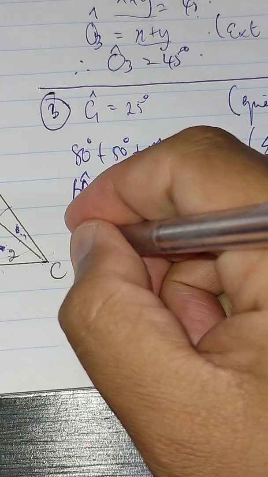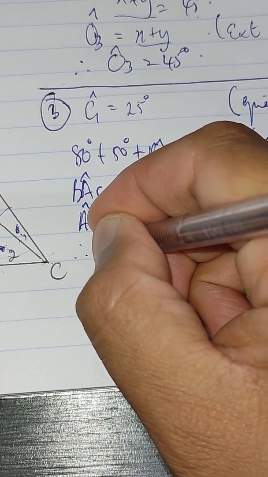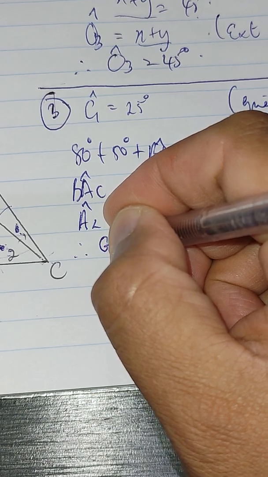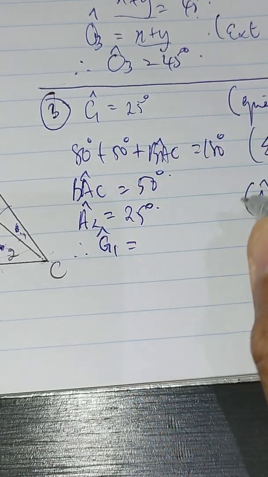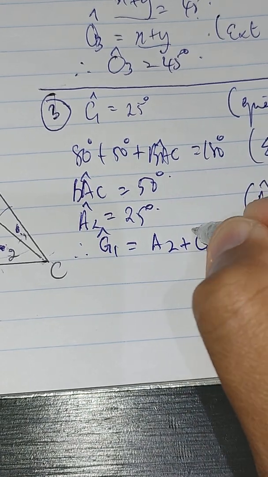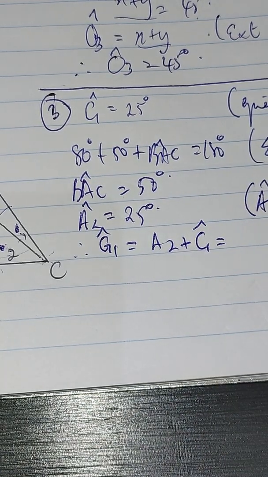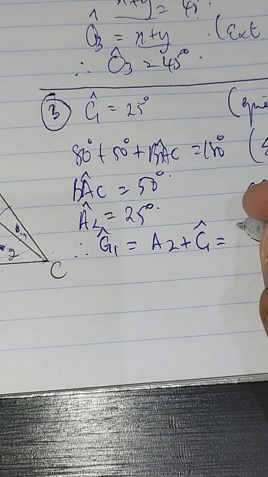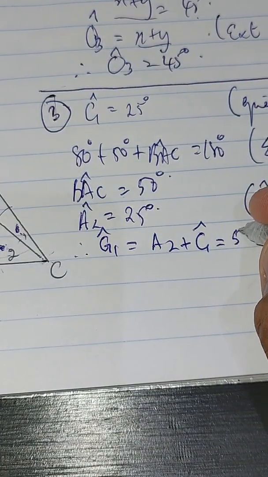So then we said that therefore G1 is equal to A2 plus C1. You don't have to write this one, but I'm just writing it there so that you can follow. It is equal to 25 plus 25, which is 50 degrees. Why?